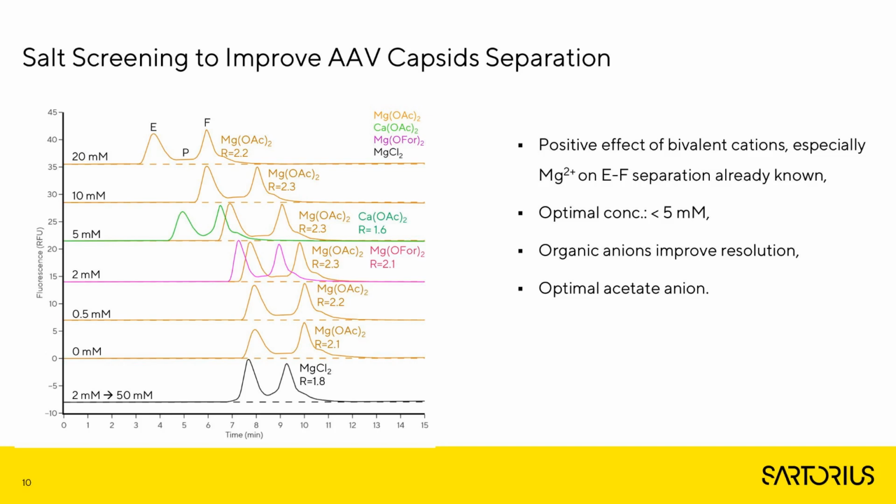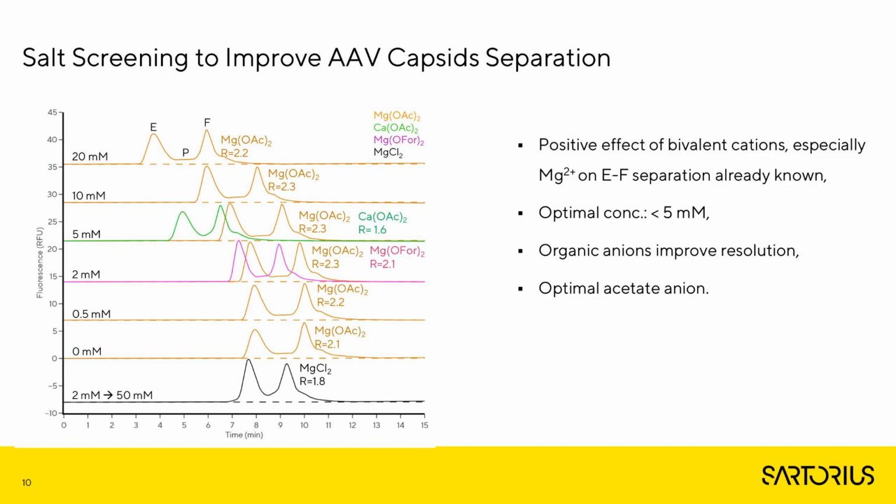When we compared different organic anions, acetate versus formate, again much better resolution was achieved with magnesium acetate. So we can conclude that organic anions improve the resolution, and the optimal anion was acetate.